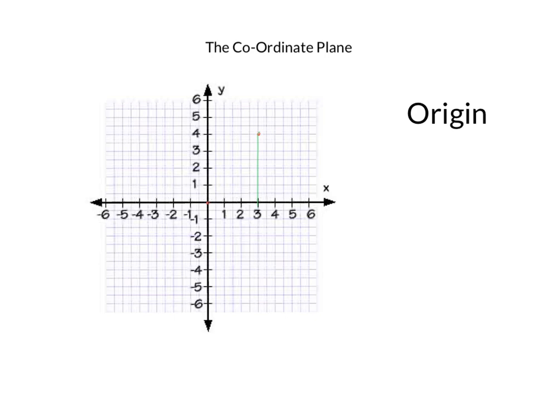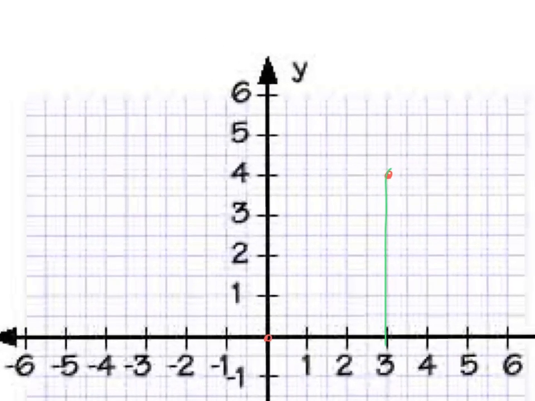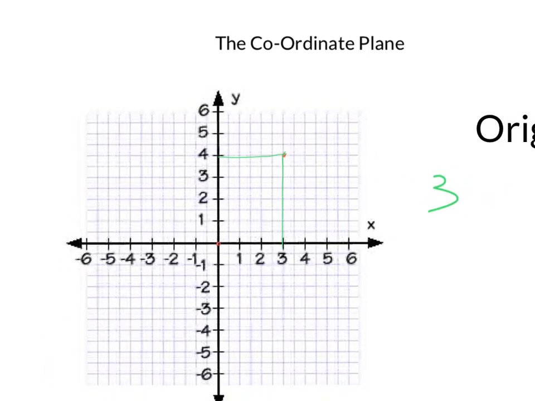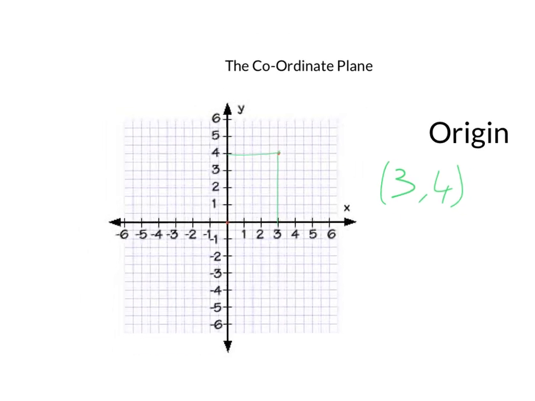So that looks like it's lining up to the point 3 on the x-axis. And then we do the same thing for where it joins the y-axis. Bring it across to the y-axis. That looks like it's joining up to the point 4. So we'd say the coordinates for that point, which is just our way of describing where it is, are (3, 4).